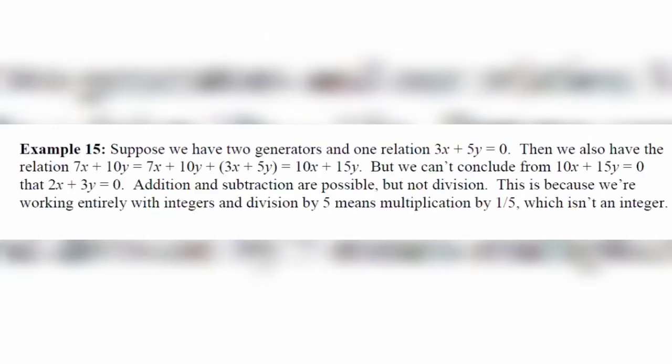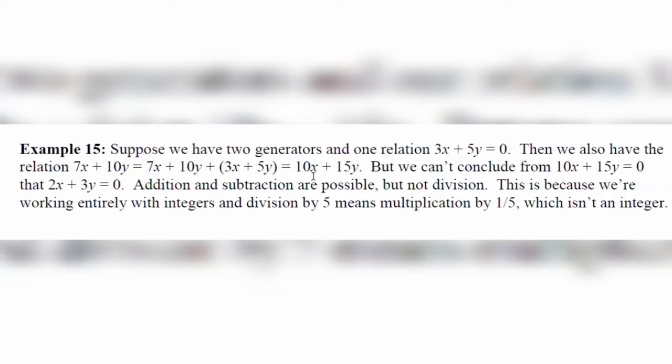Here I have an example on the screen in which I have two generators and one relation. We can write the other relation like this, and we simply add the previous relation to it, and we get 10x plus 15y. From here, we can't conclude that this is similar to 2x plus 3y. Why?